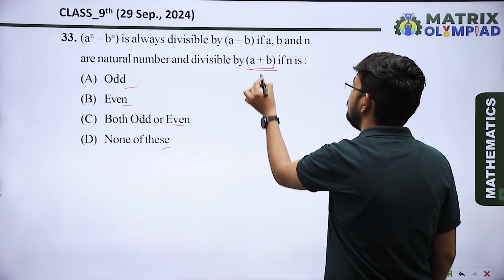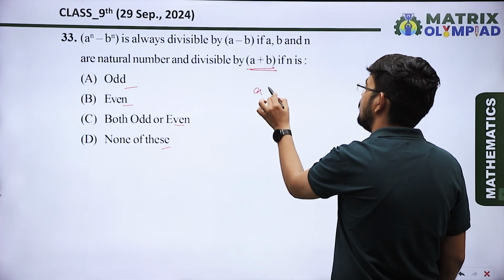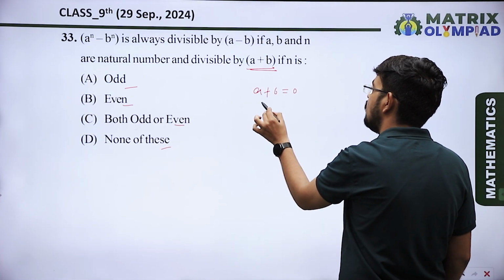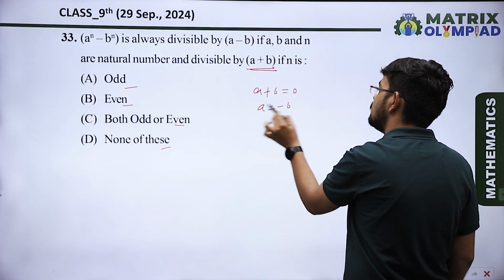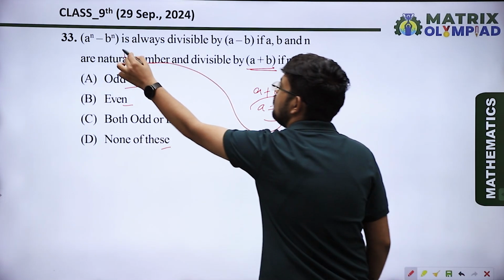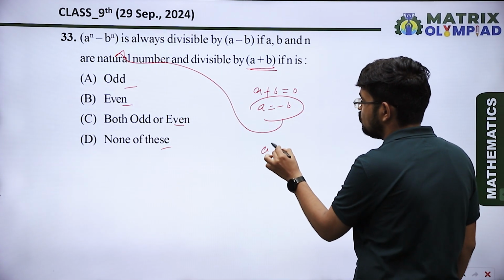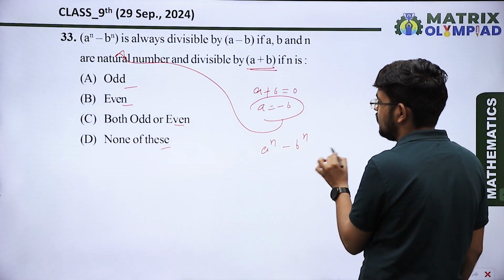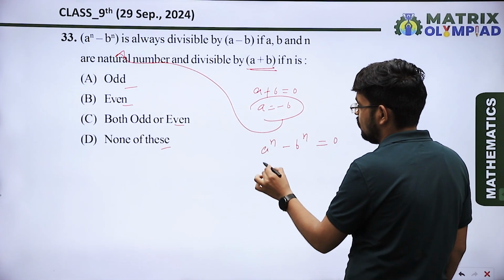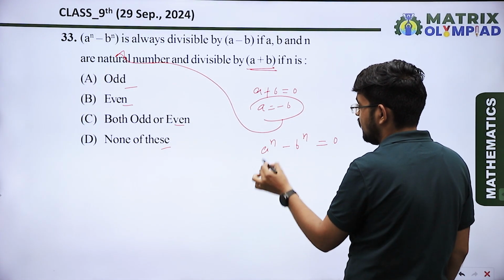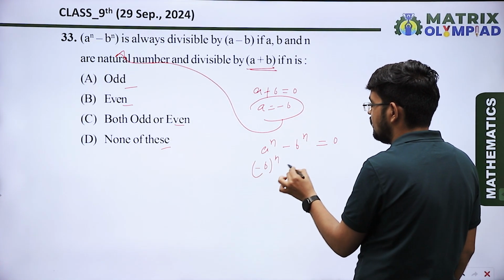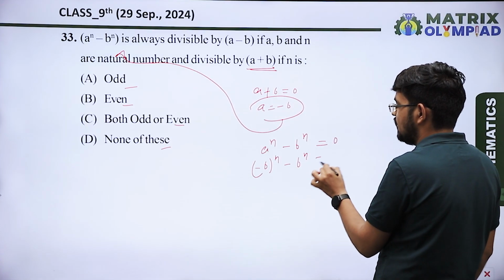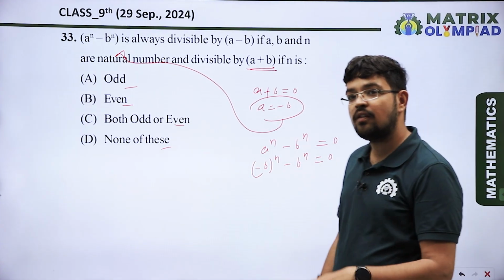So when you divide by a plus b, a plus b equal to 0, so the value of a equals minus b. So we put a equal to minus b here, and a raised to power n minus b raised to power n should be 0. So minus b raised to power n minus b raised to power n equals 0. When will it be 0?